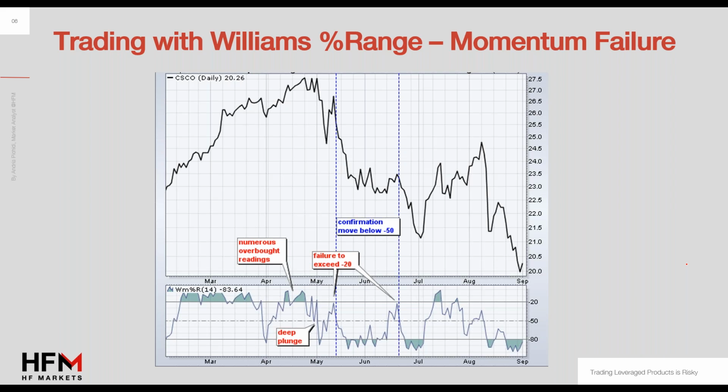Sometimes a change in momentum can foreshadow a significant price move. The ability of the indicator to move above minus 20 shows strength, as we already mentioned.